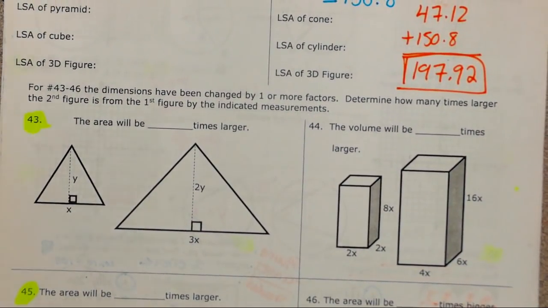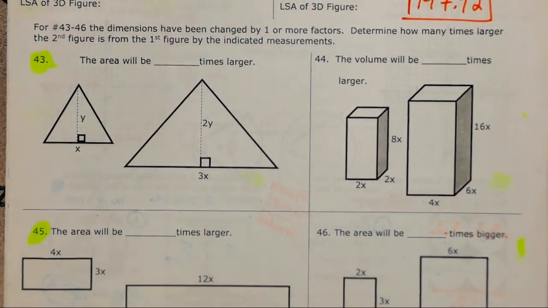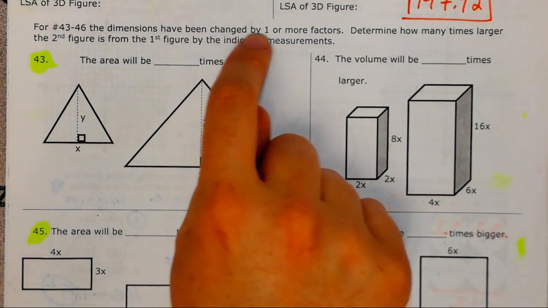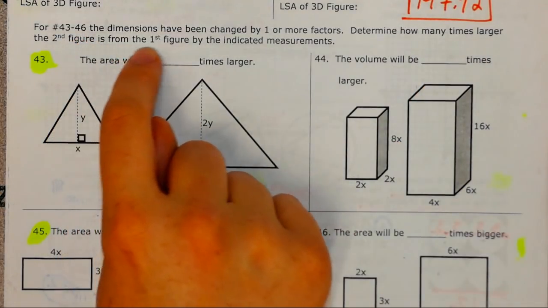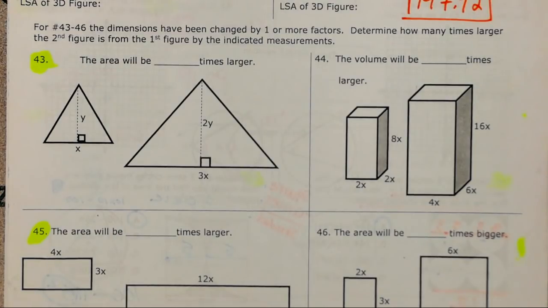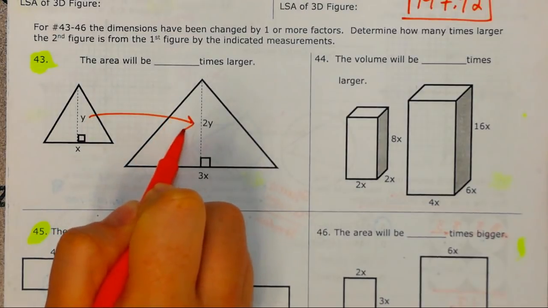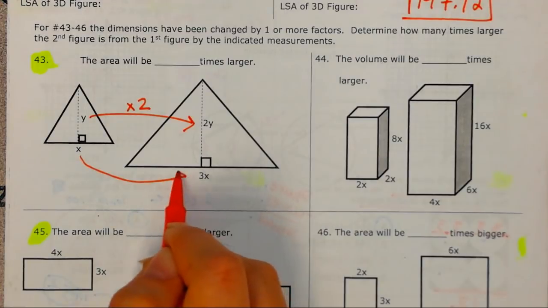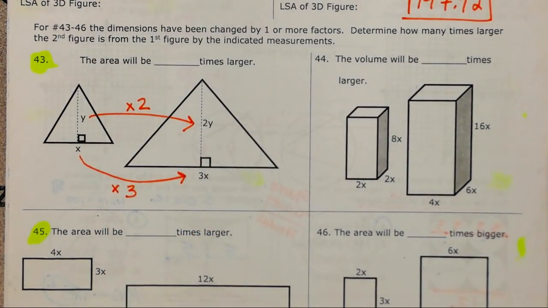All right. The last 2 problems that I'm going to complete are numbers 43 and 45. Okay, so it says the dimensions have been changed by 1 or more scale factors. Determine how many times larger the second figure is from the first figure by the indicated measurements. Okay, so comparing these two, going from y to 2y, we're multiplying by a scale factor of 2, and going from x to 3x, you're multiplying by a scale factor of 3.